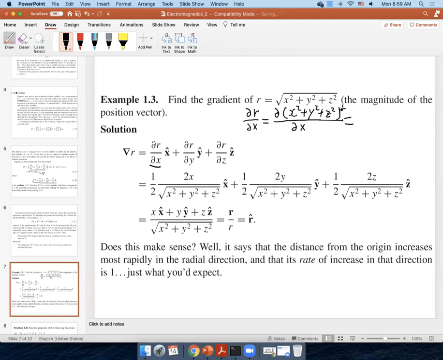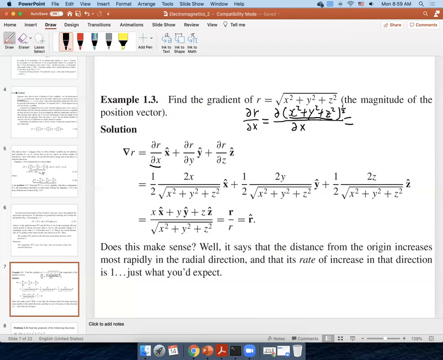So square root means to the power of 1/2. Then using the chain rule, we can calculate it as follows. First, let's take x squared plus y squared plus z squared as a whole term, or a sub-function. Then we take the entire x squared plus y squared plus z squared as a whole term.